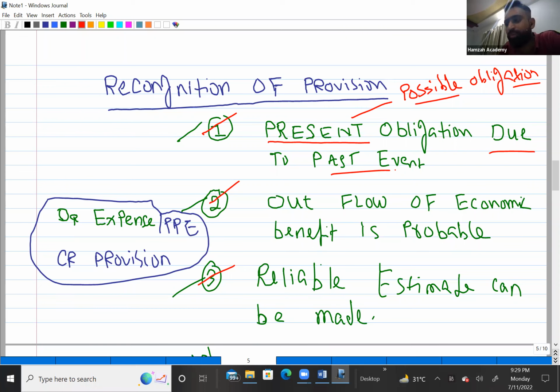Now, what is meant by a possible obligation? For example, come back to the catering business. The customer files a case against you. You went to your lawyer and you make a strategy that we will go to the court and take a plea that it is not our fault. It is the fault of the customer.